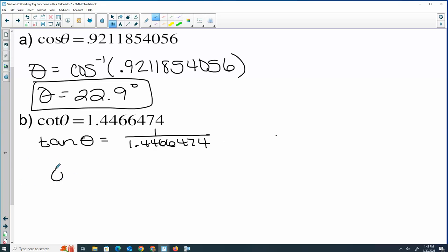So now to find my angle, to move my tangent over it's tangent inverse of 1 over 1.446647.